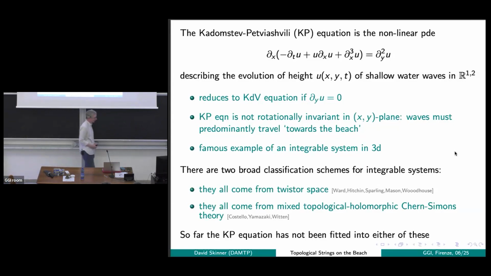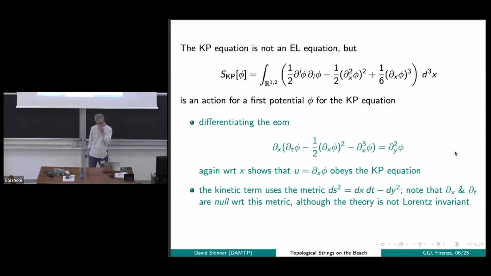And another, which perhaps also won't surprise you, is that they come from some sort of mixed topological-holomorphic Chern-Simons theory, the more recent classification introduced by Costello, Yamazaki, and Witten. But at least to date, this KP equation has not really fitted into either of these classification schemes. And so partly what I want to do is to see how it fits into this framework that describes many, many different integrable systems. In particular, how does this one fit in?